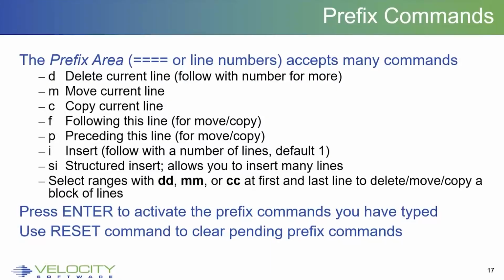Once you're done entering the command in the prefix area, you just press enter. That activates whatever you typed in the prefix area. If you've typed a number of things in the prefix area and you don't want to do any of them and they're pending execution, you can type reset as a command on the command line, and that clears any pending prefix command.